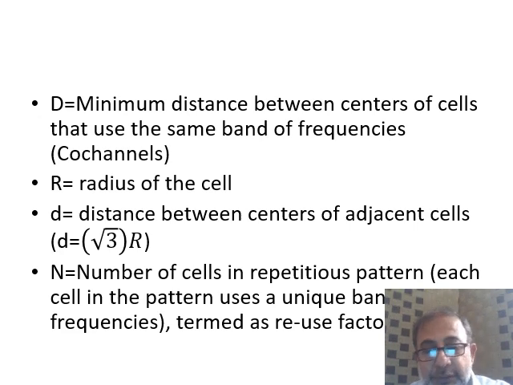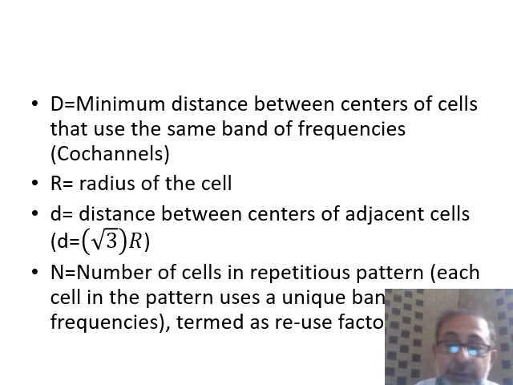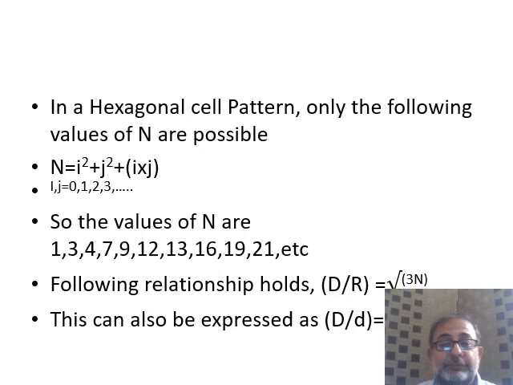Capital N is the number of cells in a repetitious pattern. For example, in the earlier example, we used n equal to 7. It is also called the reuse factor. In a hexagonal cell pattern, only the following values of n are possible.